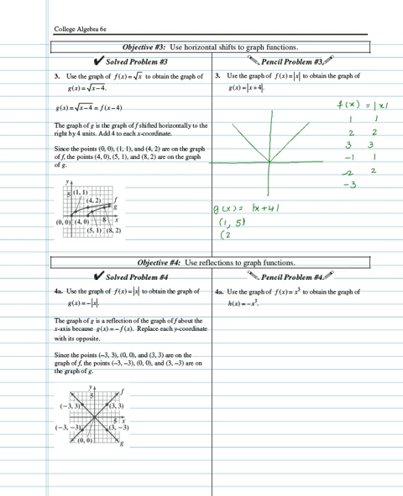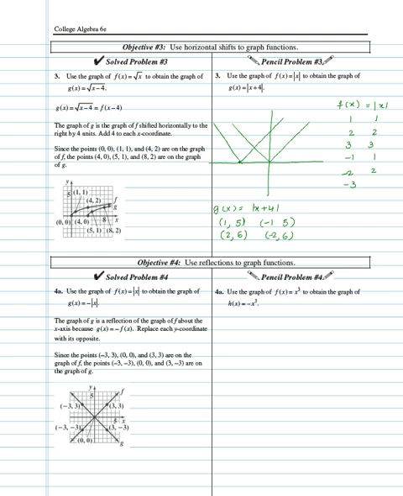When I take x as 2, it's going to be 2 plus 4, which is 6. When I take x as negative 1, it's still going to be 5. When I take negative 2, it's still going to be 6. So this is technically going to be the same graph, but moving 4 units. It's going to be the same graph moving 4 units to the left. So it's going to be somewhere here.